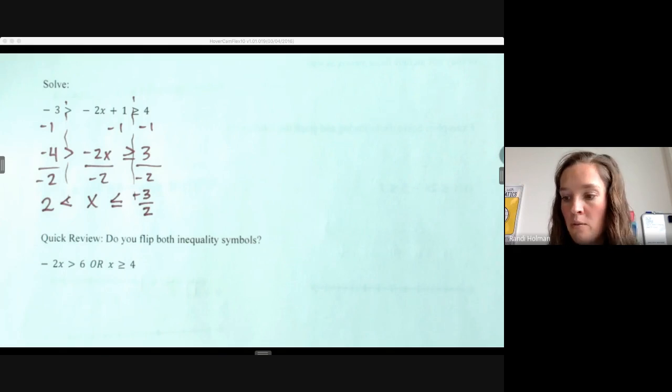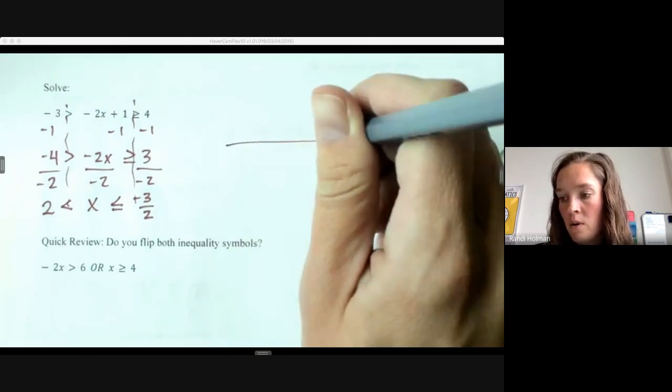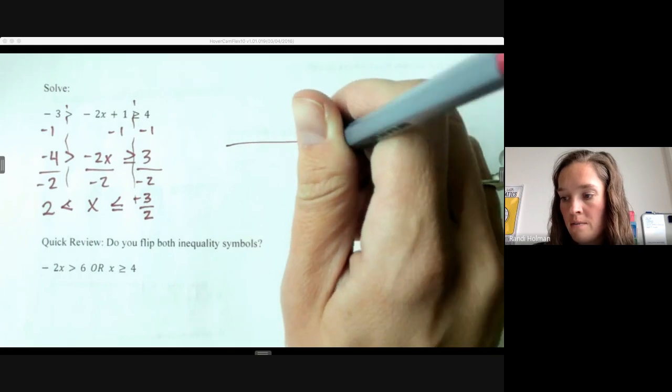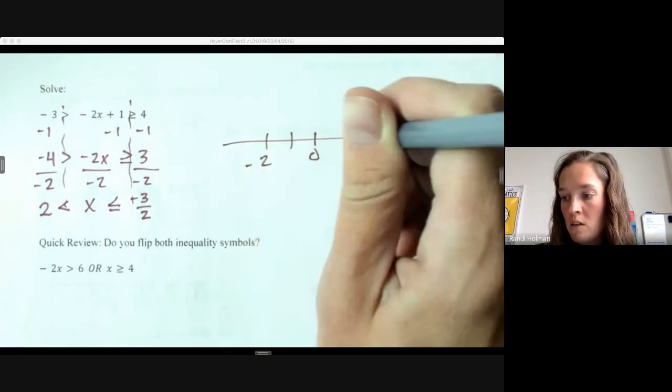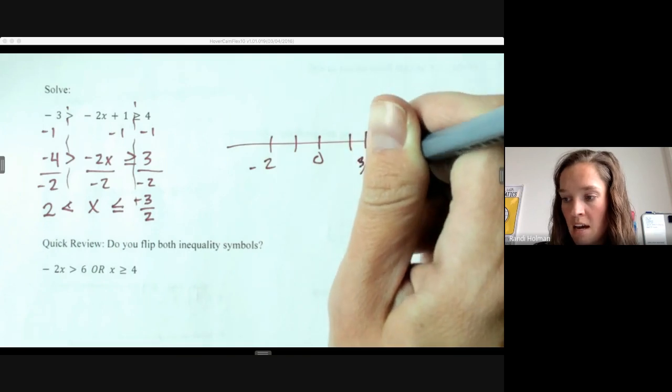So let's take a quick look at this and see what we think. If we do that, can something be greater than 2 and less than -3/2? If you're thinking on your number line, we're here at -2 and over here at 3/2.